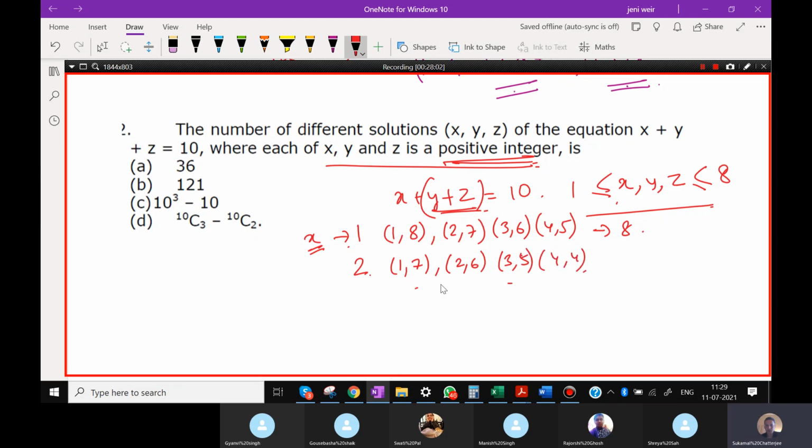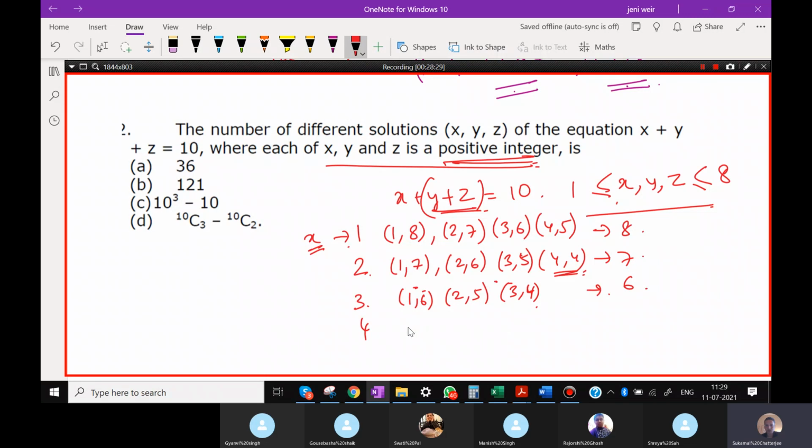Now these three might get interchanged, but this will be the same. So that means 6 plus 1, 7. For x equal to 3, the total of y and z has to be 7. So 1 and 6, 2 and 5, 3 and 4, and this can get interchanged, so 6 values.